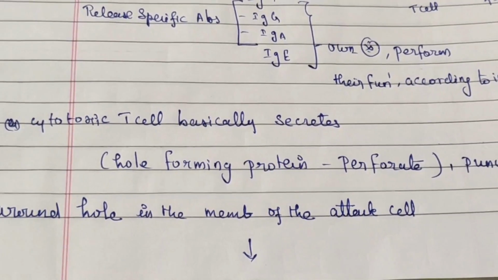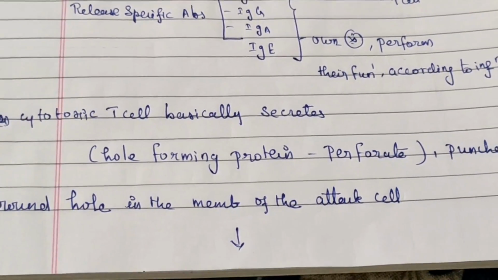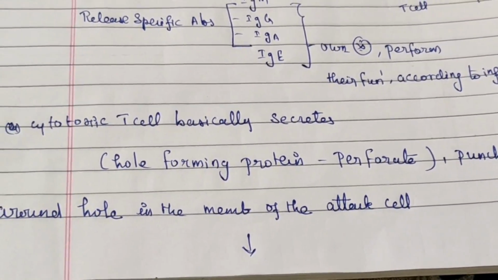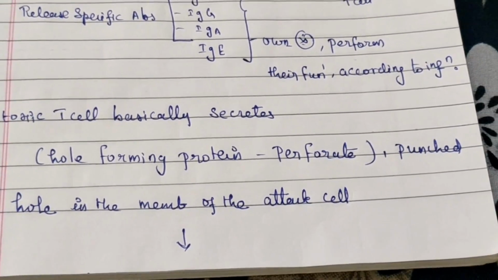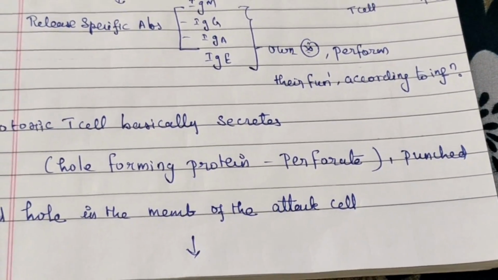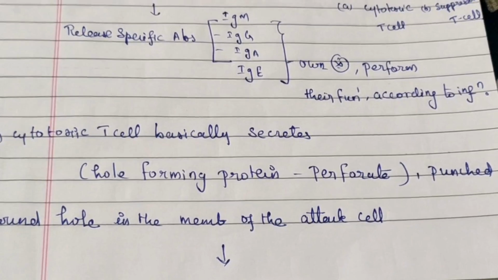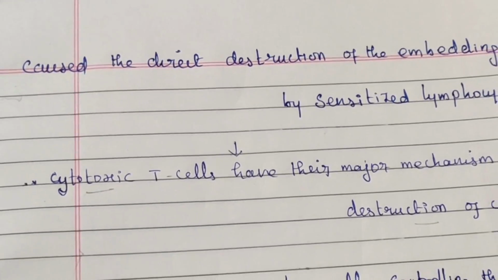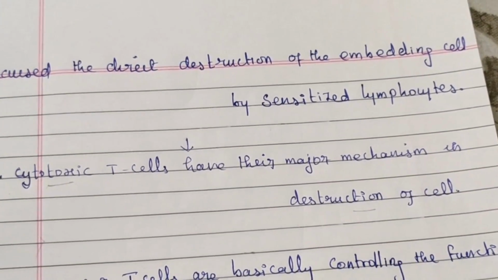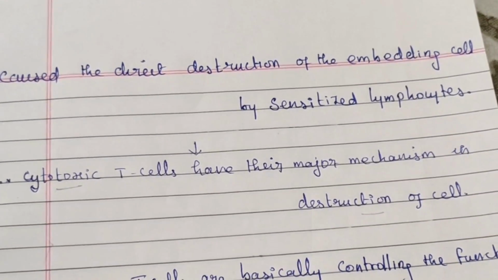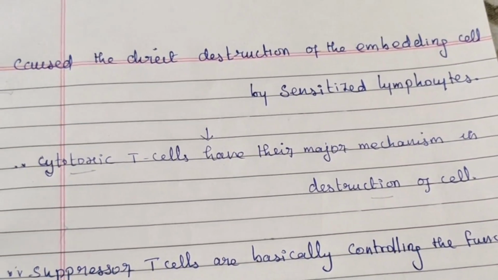Cytotoxic T cells have another role. They are as important as the helper T cell, which only binds to the processed antigen and performs its function, while the cytotoxic T cell secretes whole forming protein, the perforins. They punch round holes in the membrane of the attacked cells, and they cause the direct destruction of the embedding cell by sensitized lymphocytes.